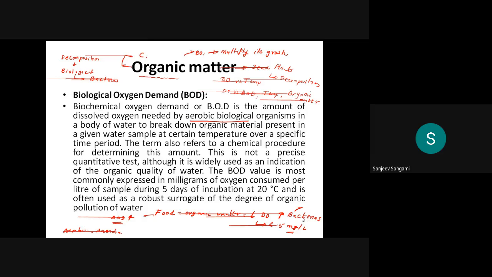Like that, it will grow by using the oxygen that is present in water, and it will break down the organic material. Whatever food is there, it is going to break. By breaking this food, it will grow.